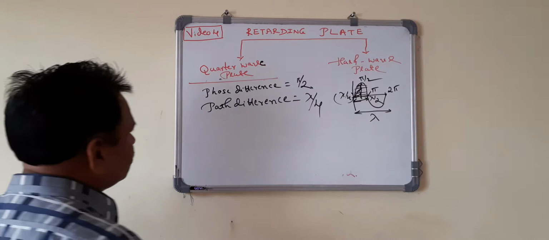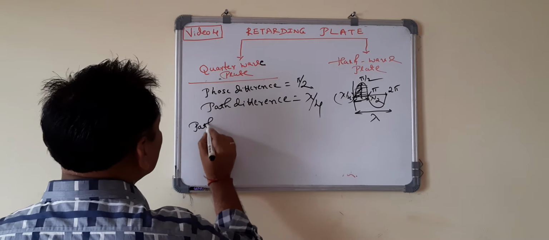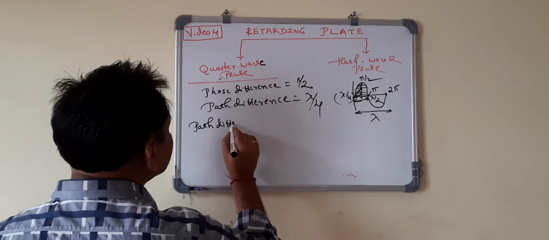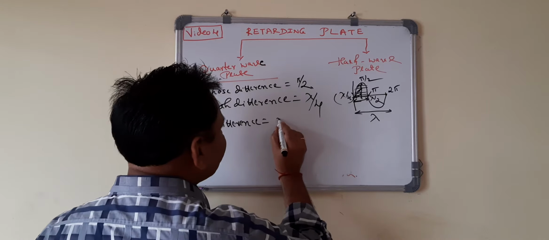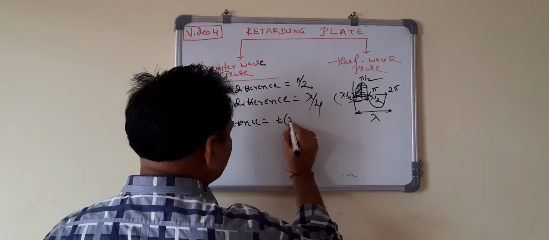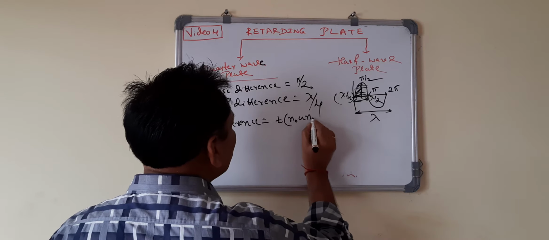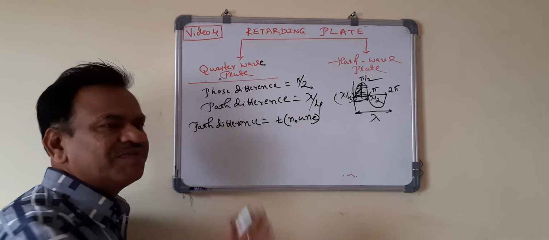And we know one more thing here: the path difference is equal to thickness times the difference of NO and NE. That is the most general equation.